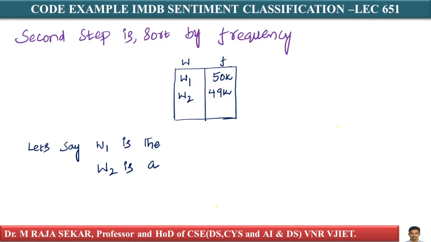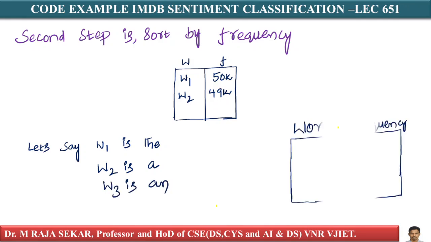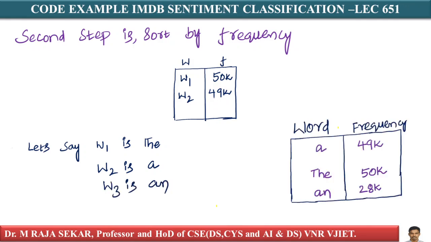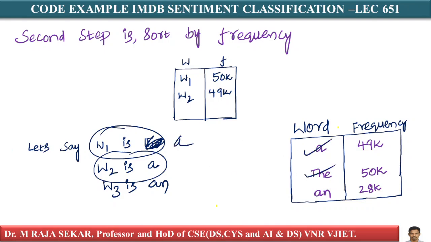In this particular context, let me say W1 is "the", W2 is "a", and W3 is "an".